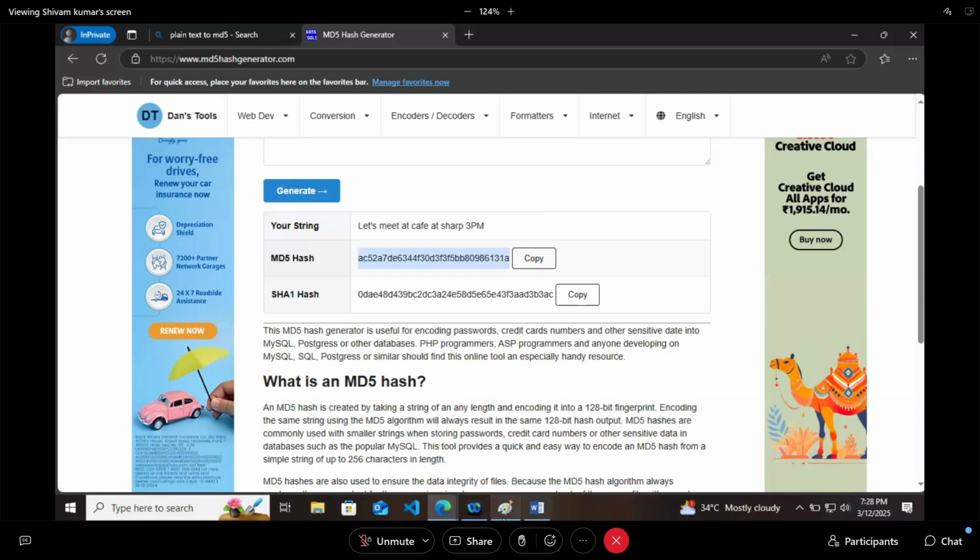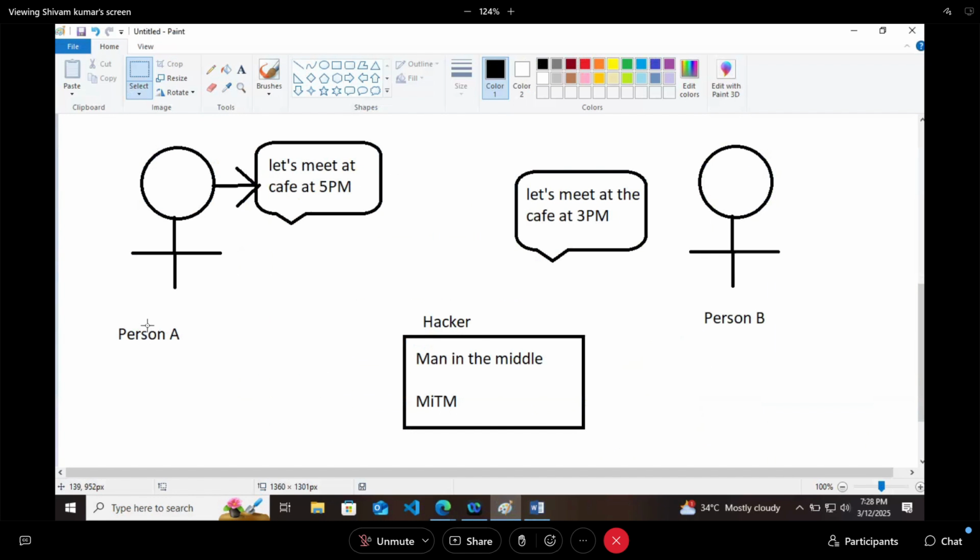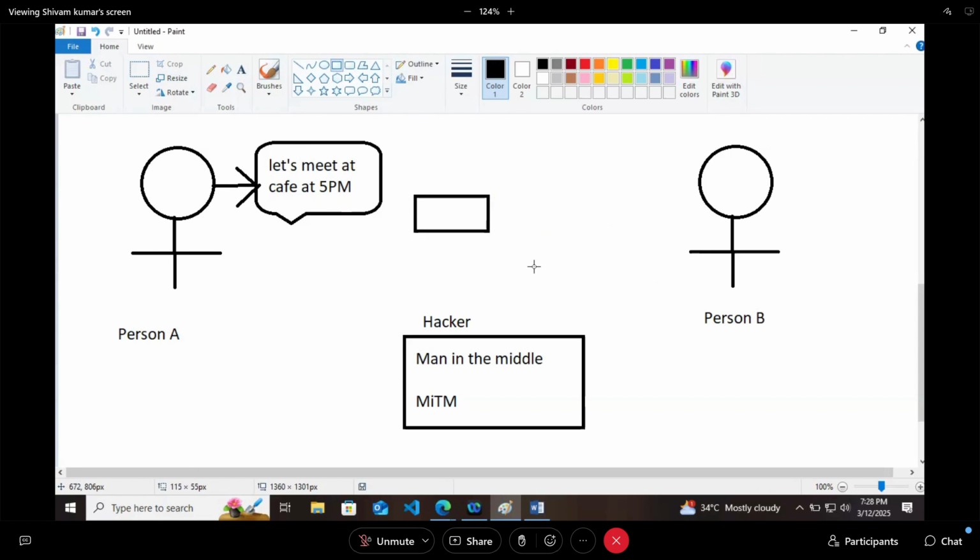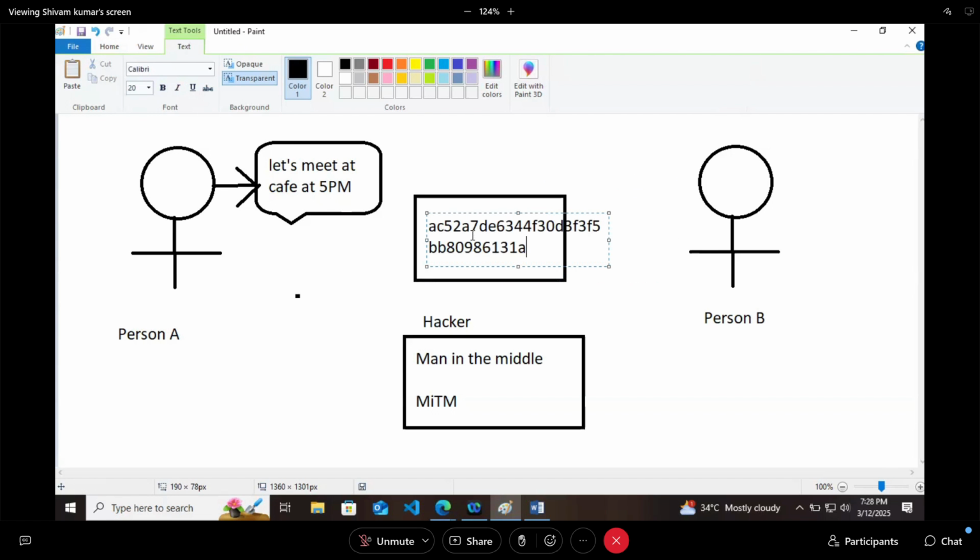It means that now let's say this is person A sending this message. So this message will not travel like this. This message will be converted into a ciphertext.